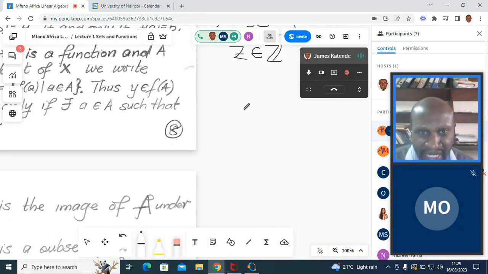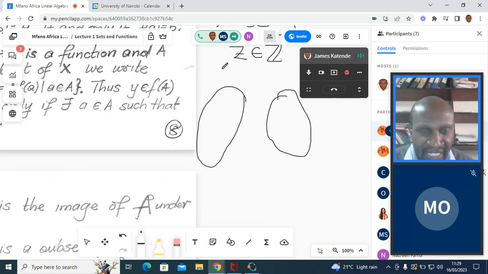Now I will draw a diagram here. I will draw the domain and the codomain. In this case, it's the same set. The domain is the integers and the codomain is also the integers.